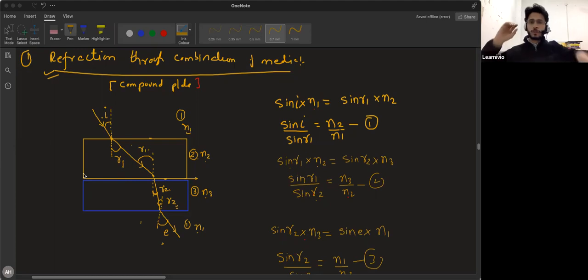When you write all these equations, just multiply equation 1, equation 2, equation 3 and get the value. I need the relation between I and E. What's the relation between angle of incidence and angle of emergence?